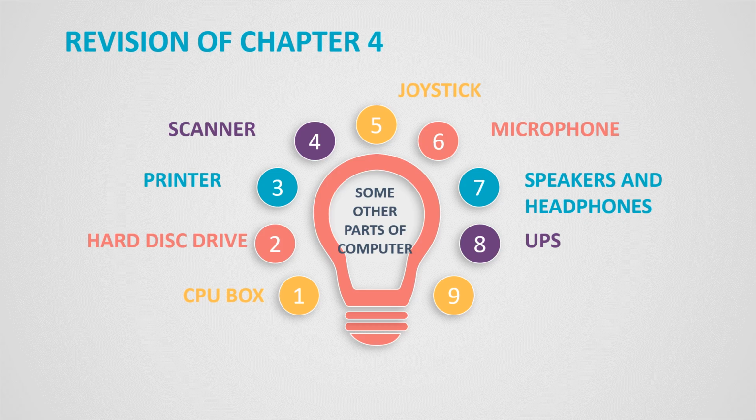It has a battery to supply electrical power. It keeps the computer on for a certain period of time even after the electricity goes off. Number 9 is modem. Modem is used to connect a computer to the internet. Wireless data card is also used to connect your computer to the internet.